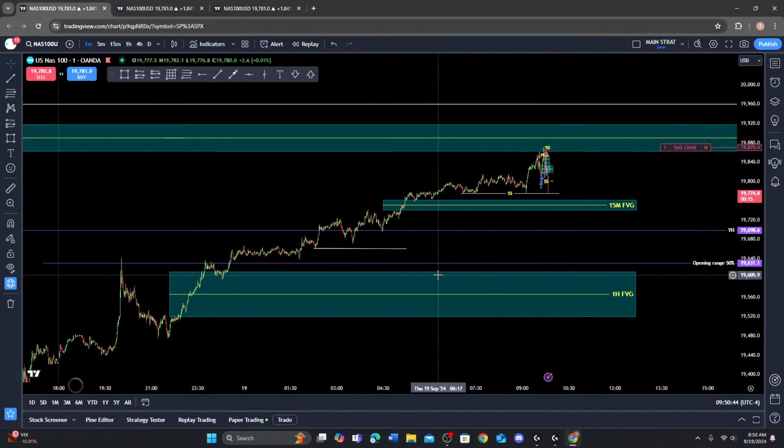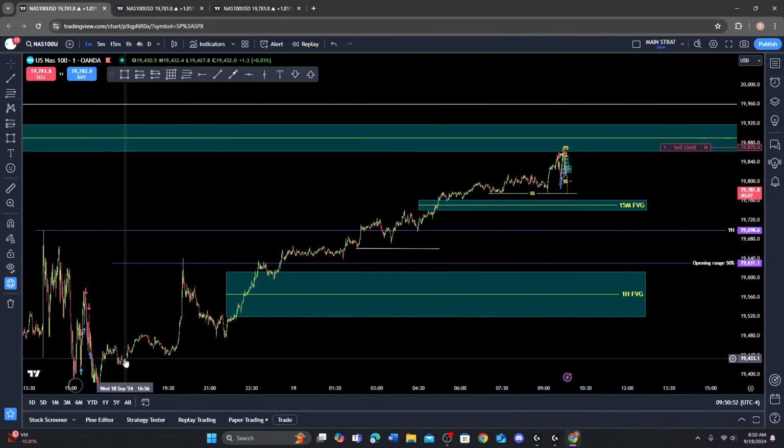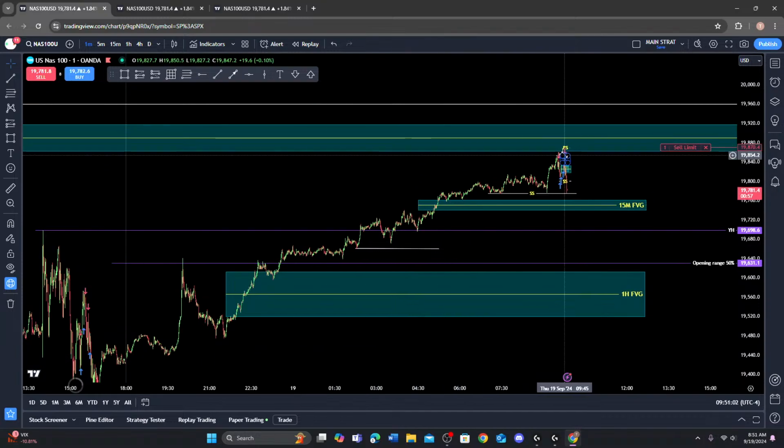movement higher. We have the opening range from 9 from London, or from yesterday. Sorry, yesterday's open. The opening range middle.